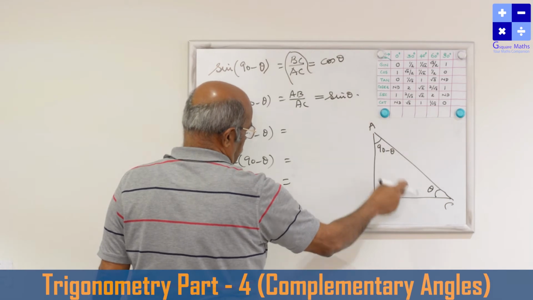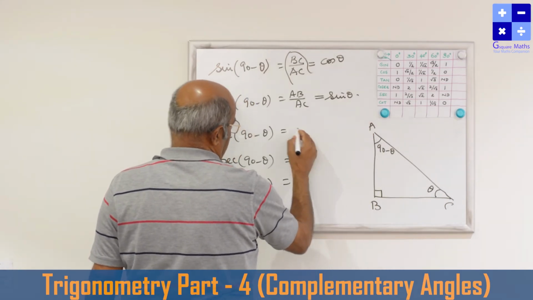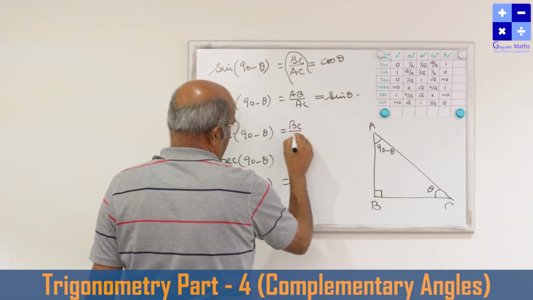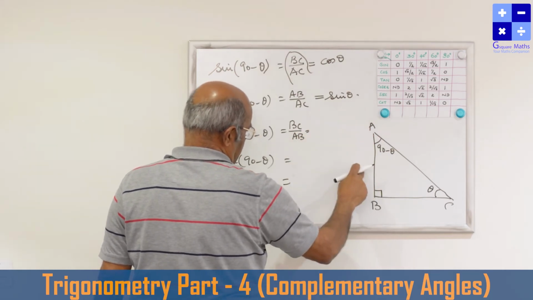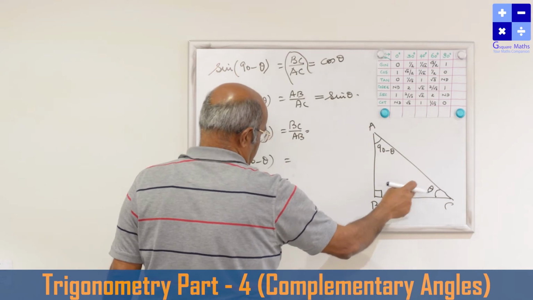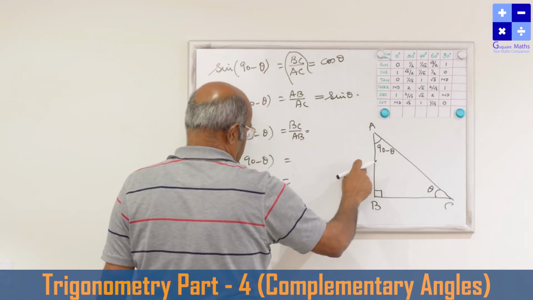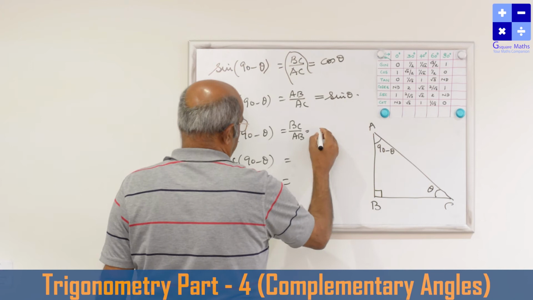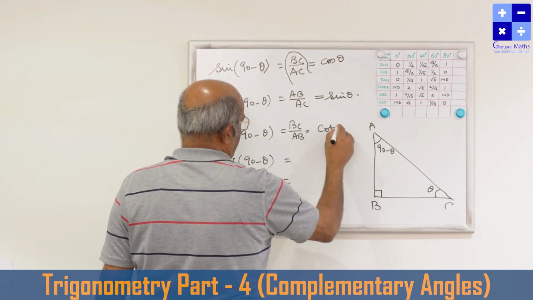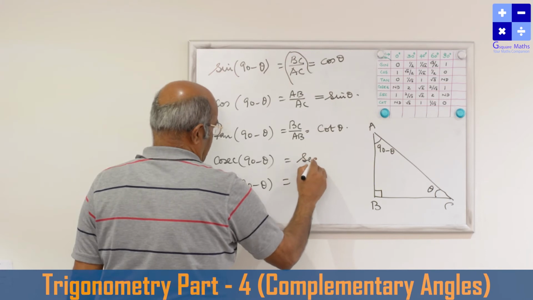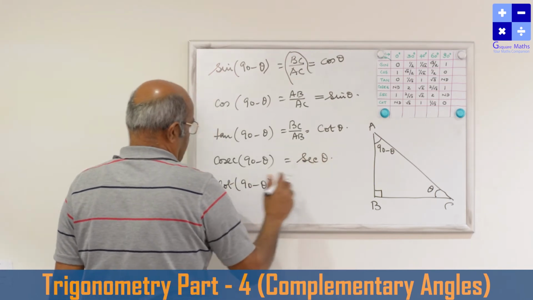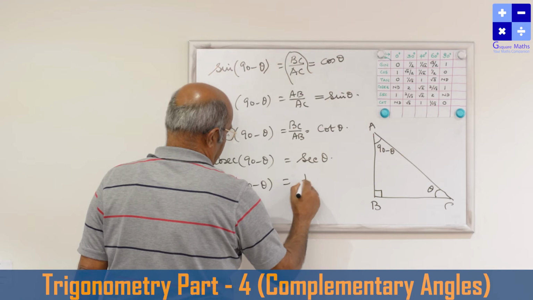Tan 90 minus theta is opposite side by adjacent side, that is BC by AB. Whereas BC by AB, when this angle is considered, this is adjacent side and this opposite side, and that is cot. Similarly, this is sec theta and this is tan theta.